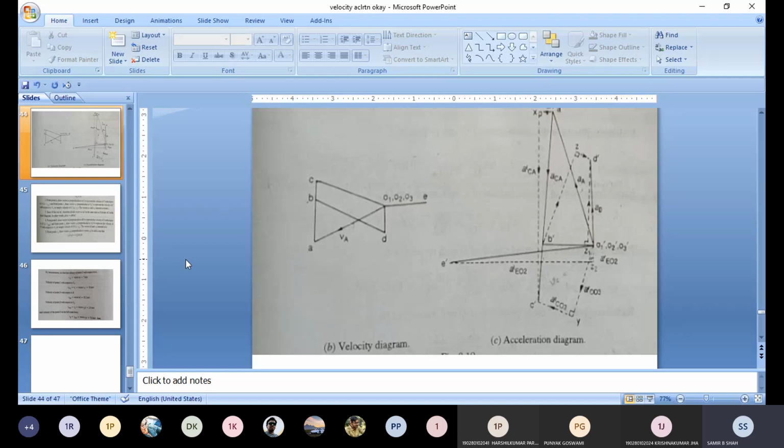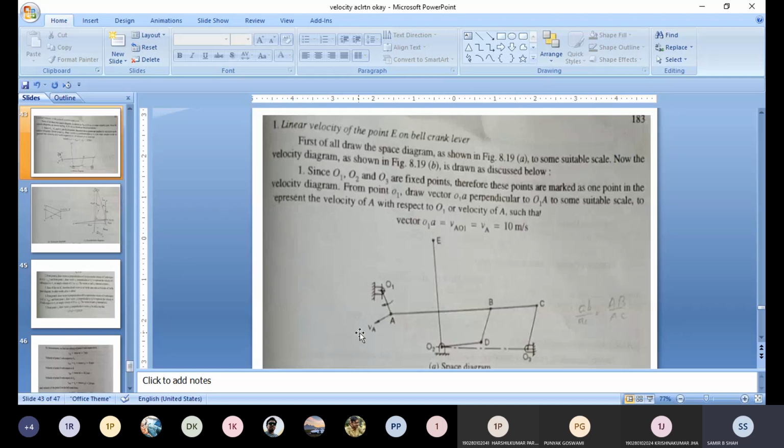After that, we take the perpendicular line, where the scale you may take is 1 centimeter equal to 2 meter per second or 5 meter per second, it's up to you.